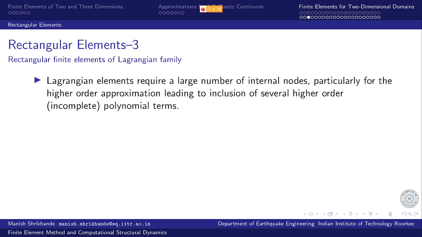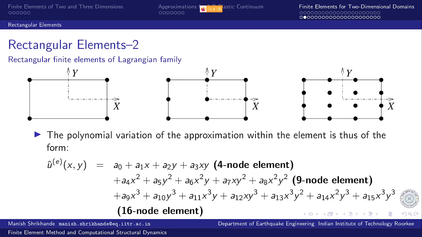So as you can see, Lagrange elements require too many interior nodes. For example, for quadratic variation, there is only one interior node, but if I go for cubic variation, there are 4 interior nodes. Now these 4 interior nodes do not contribute to inter-element compatibility.